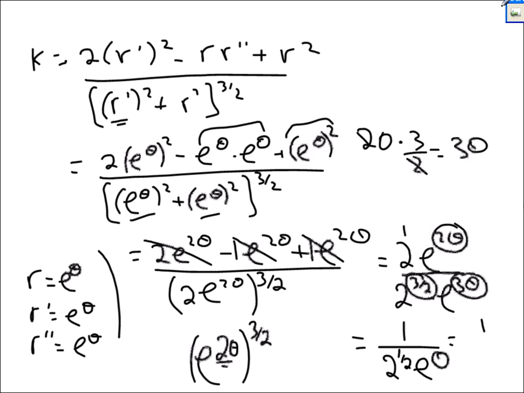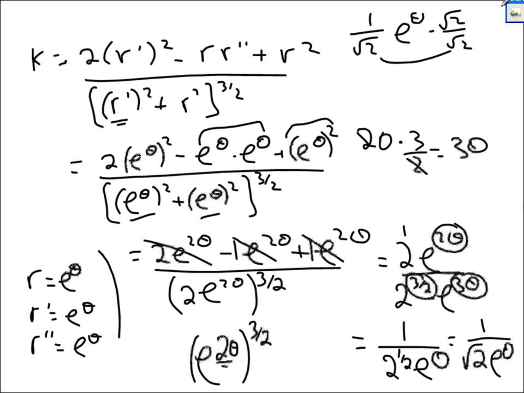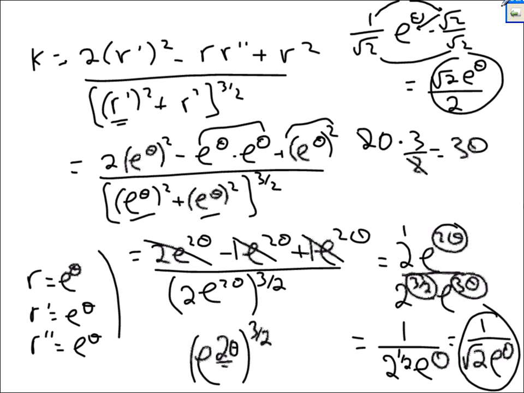So I have 1 over the square root of 2 e to the theta. Top right, please. 1 over square root of 2 e to the theta. If you don't like square roots in the bottom, fine. Square root of 2 times square root of 2 is 2. 1 times square root of 2 is square root of 2 over 2 times e to the theta. Either or.